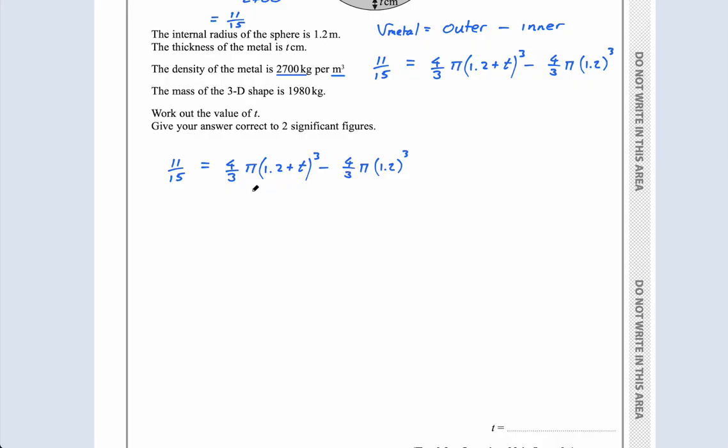Anyway, it's a little bit tricky, but it's fine. So, first thing I'm going to do is move this here. So instead of having 11 over 15 equals this, I'm going to say this is equal to 11 over 15. And now it's basically like make t the subject of the formula.